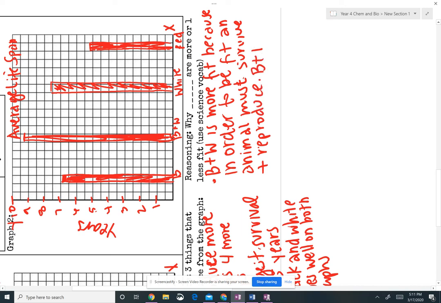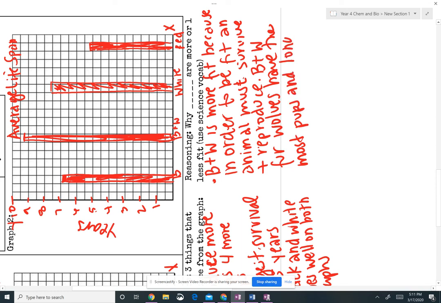Black plus white fur wolves have the most pups and the longest survival rate. Right, so you guys will see that on there.